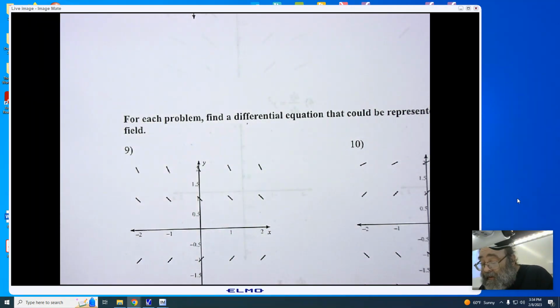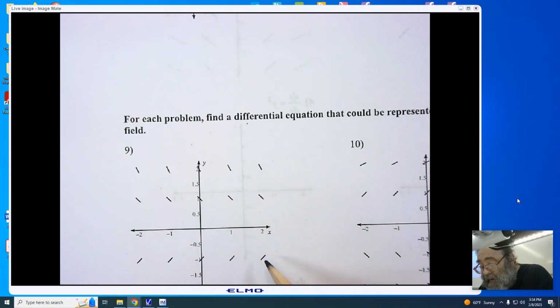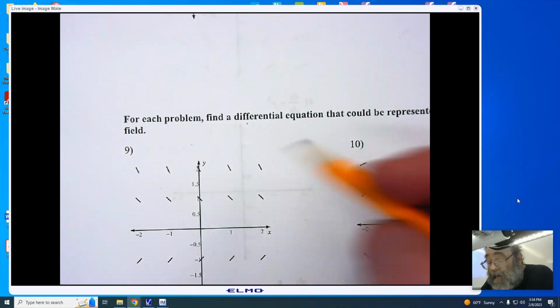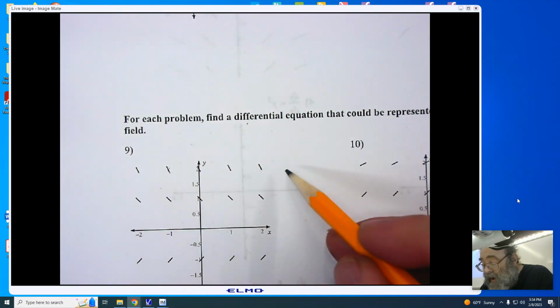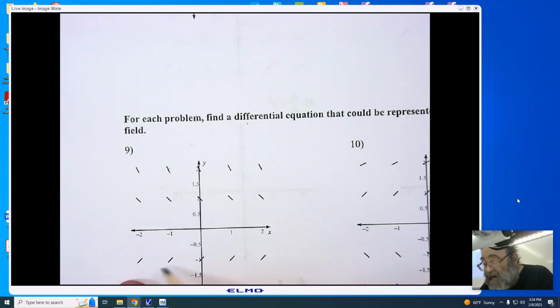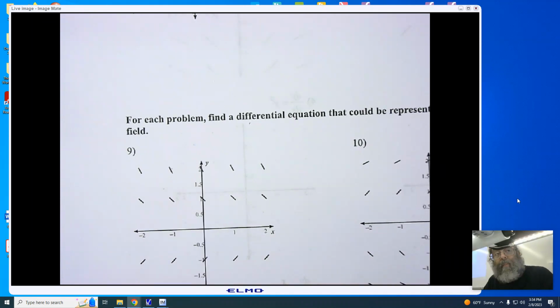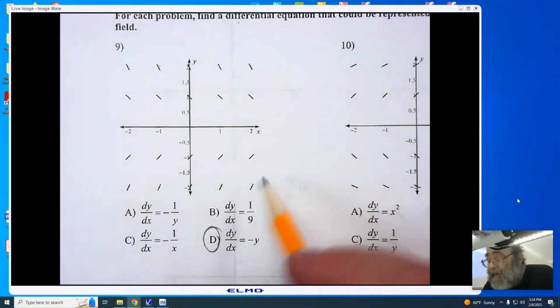That's a possibility. But it looks like positive 2 for the y will give me a negative 2 all the way across. 1 gives me a negative 1. Notice that the negative 1 for y gives me a positive 1, and the negative 2 for y gives me a positive 2. My answer has to be D when I'm looking at the slope, because I'm comparing what's happening.